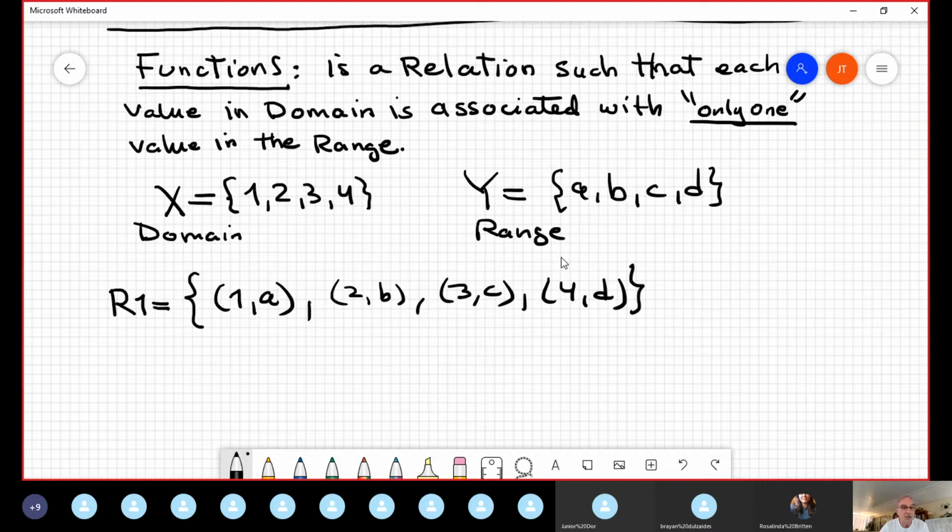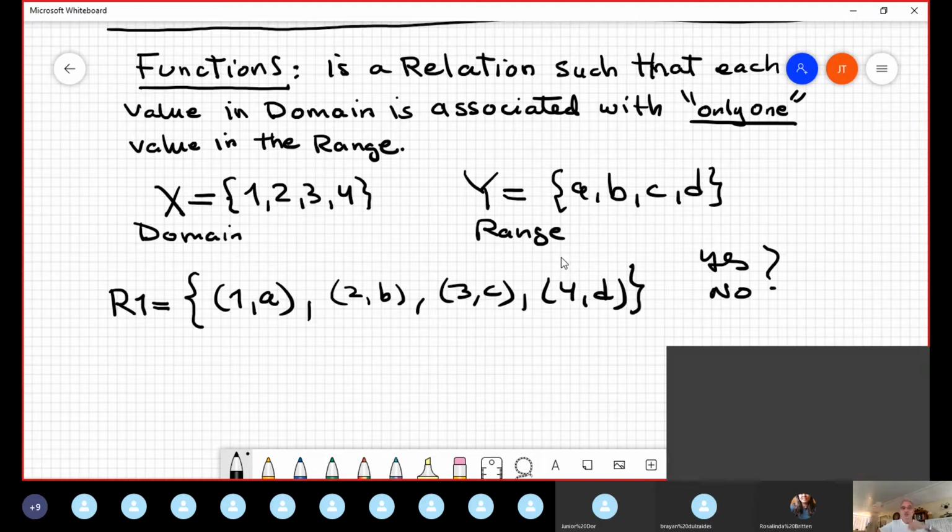What do you think? Yes or no? Function. According to the definition, yes, it's obvious, because you associate one element in the domain with only one element in the range. This is super clear that it is a function. So the answer is yes.